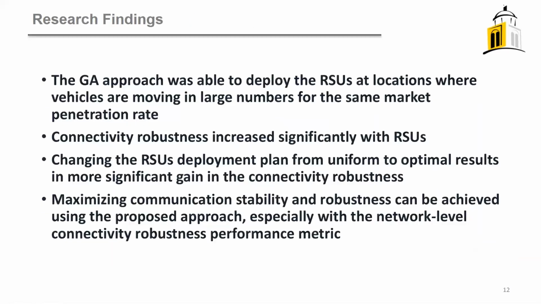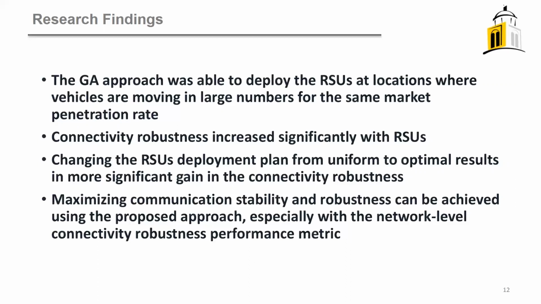So with that, I can say that our approach was able to deploy the roadside units at locations where we can communicate with as many vehicles as possible, where we can connect and link as many vehicles as possible for the same market penetration, which is the main objective why we applied that approach. Of course, adding roadside units in the network, even with the uniform deployment, leads to an increase in the connectivity robustness.